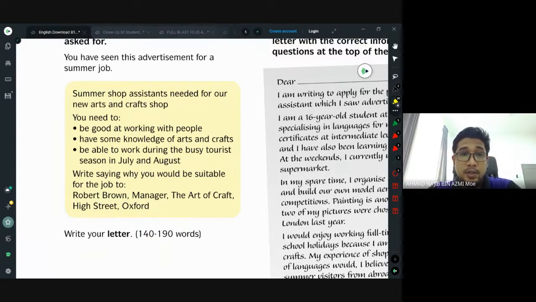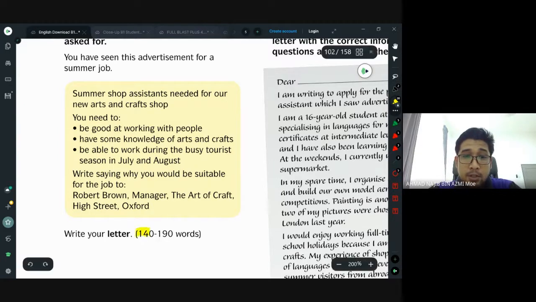Summer shop assistants needed for our new arts and craft shop. You need to be good at working with people, have some knowledge of arts and craft, be able to work during the busy tourist season in July and August. Write a letter saying why you would be suitable for the job to Robert Brown, manager of the Art and Craft, High Street, Oxford. Write your letter, 140 to 190 words.